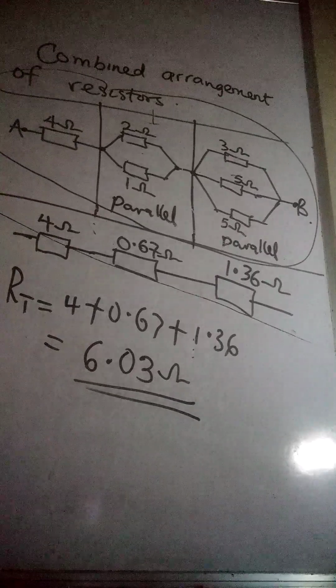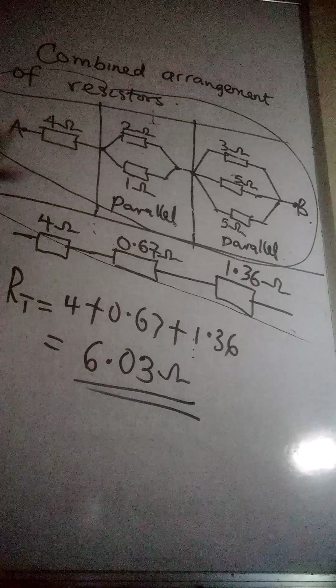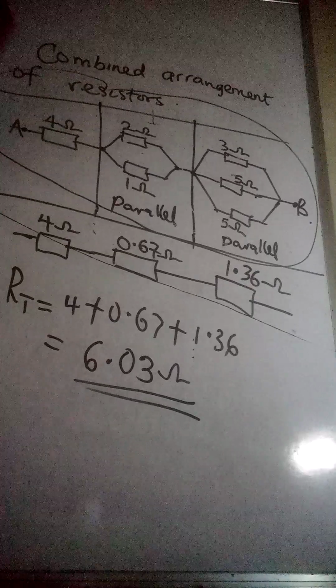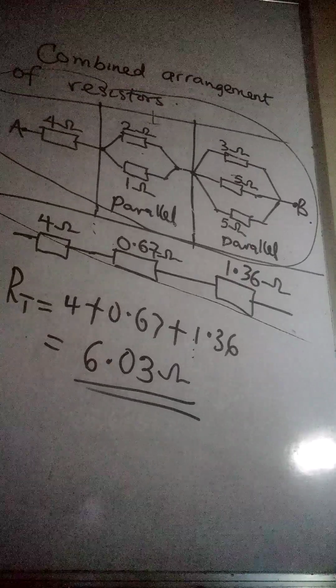Let's have a look at one more arrangement, different from this, but also a combined arrangement. Now, we are asked to find the equivalent resistance. I want you to be very attentive to the way I'm going to break this down. You can see that this one is different from the other example.